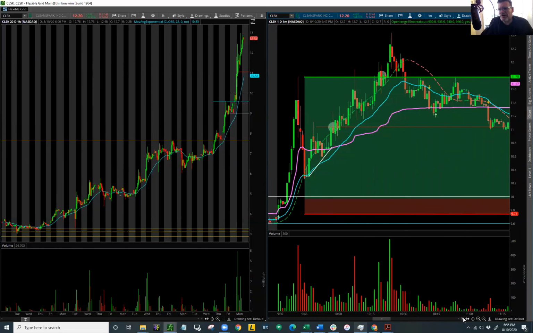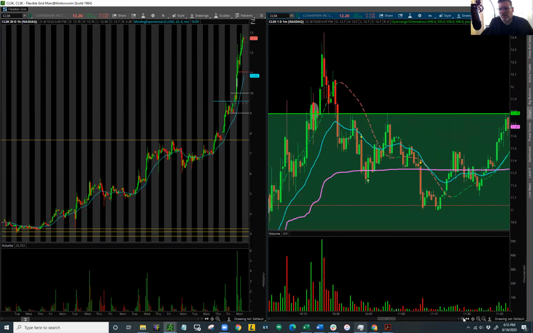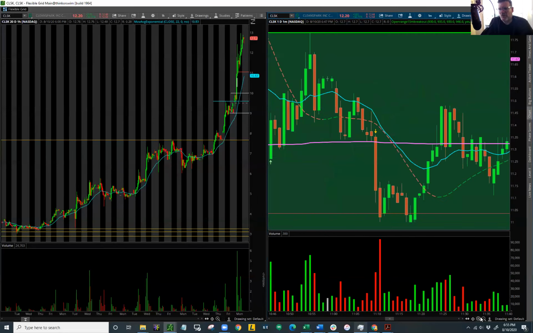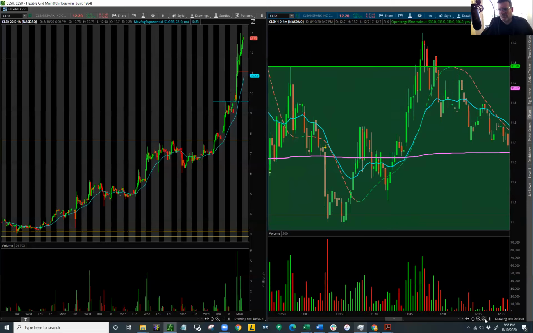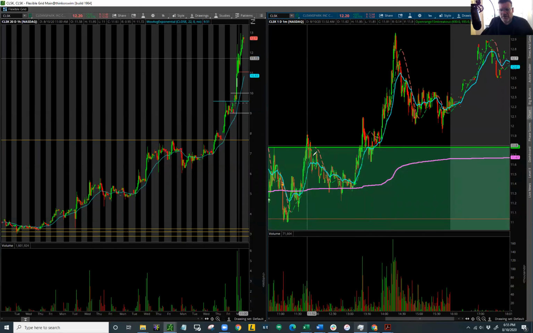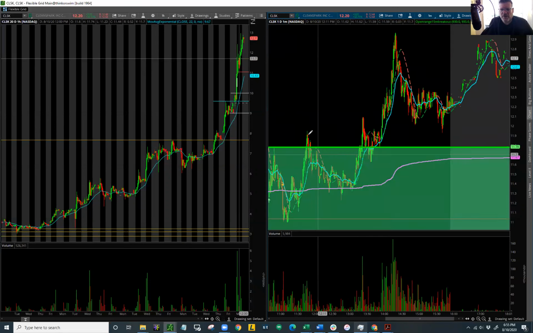So nice trade right there on CLSK. I'm trying to look here, I think that's all we traded it. It did give you a nice little trade here in the afternoon perk pattern. So you could maybe have gotten in here. This is the dead zone, when you have to be careful taking trades.